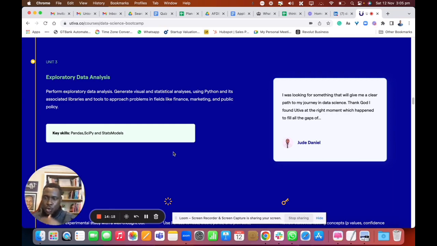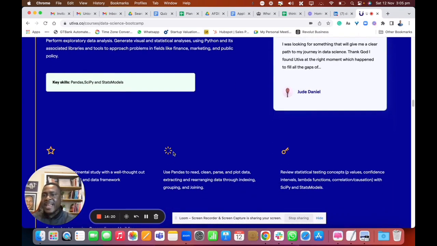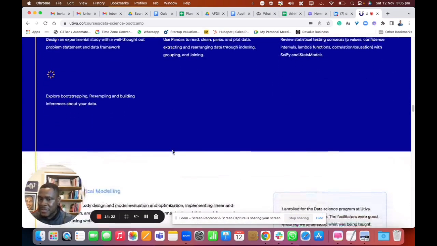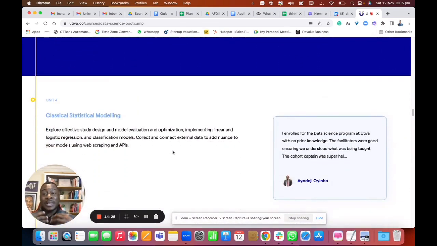So from basics to advanced, and then you start to learn exploratory data analysis. And then you go into what is called classical statistical modeling, where you are now taking data, right? You're taking data and you are implementing linear and logistic regression, classification models.